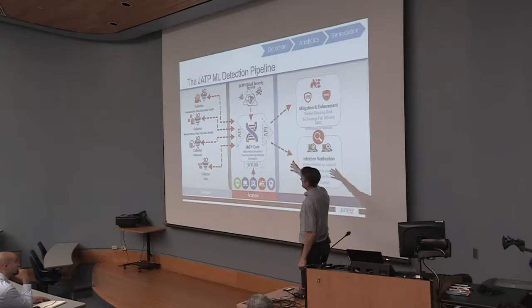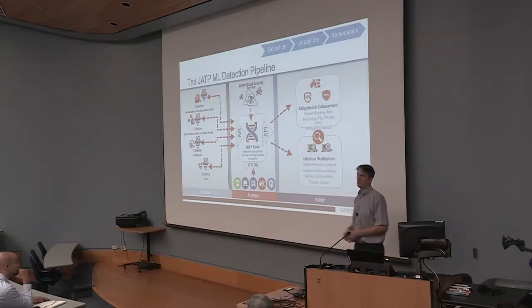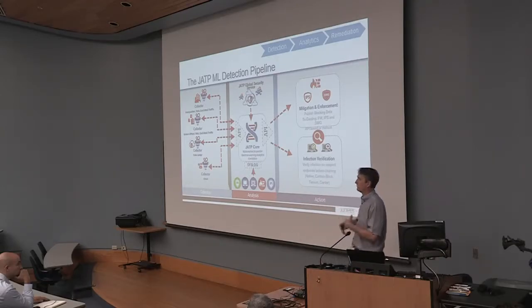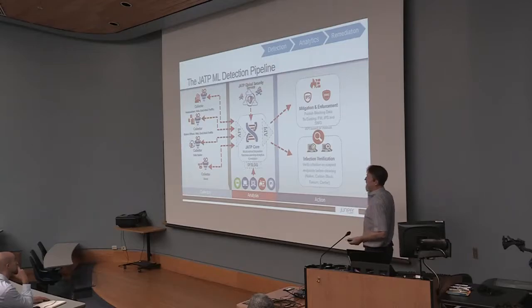And we send that to a centralized core, which is a fairly beefy box, where we do all the behavioral analysis. We detonate the object, we run it, we watch what it does, we take those signals, we translate those signals into a form that the machine learning can accept, we run the machine learning classifier on it, and we generate a detection. There's also some mitigation and enforcement capabilities that are built in.